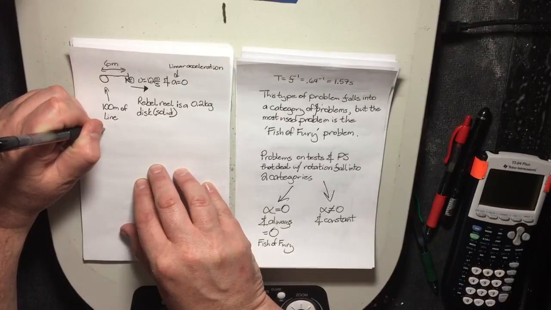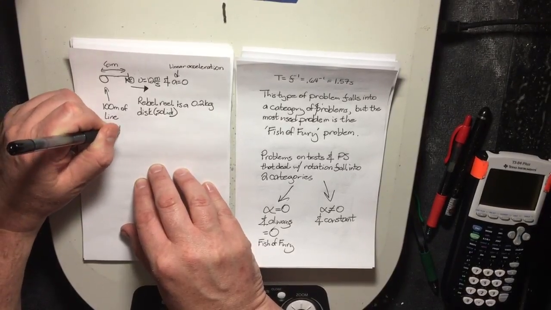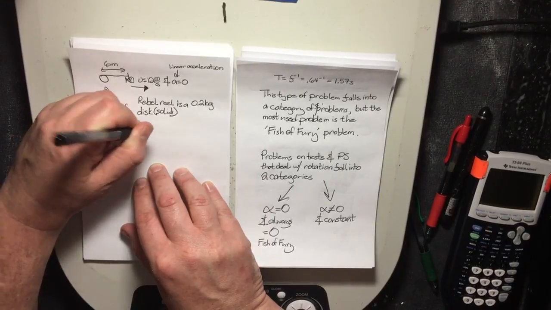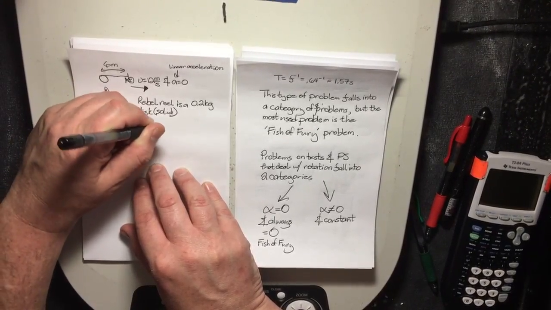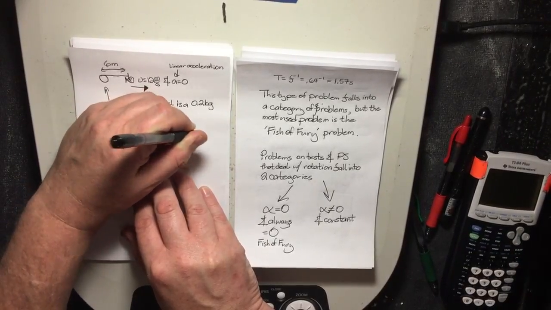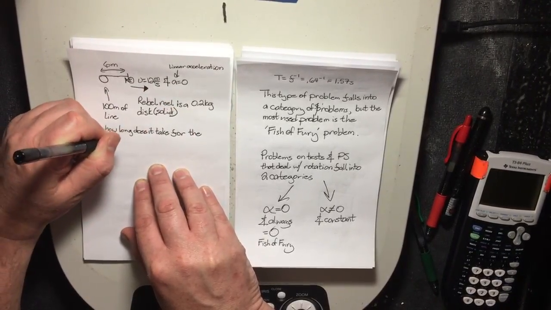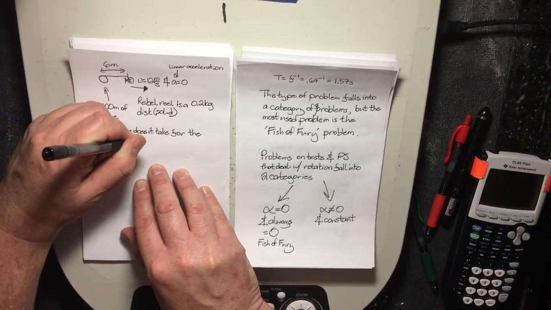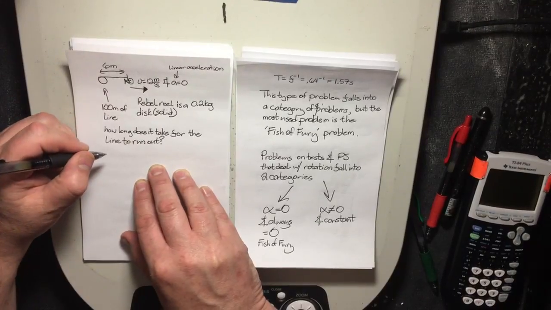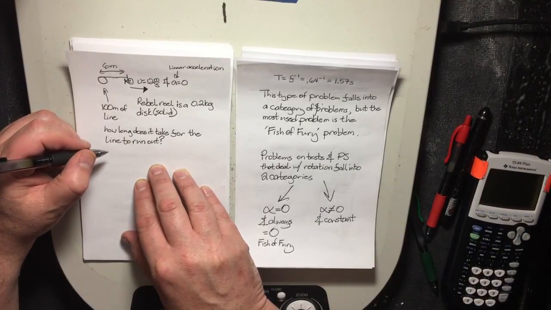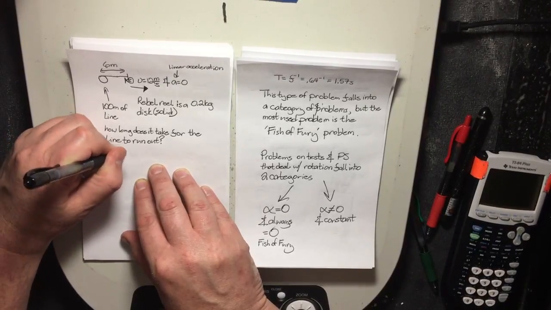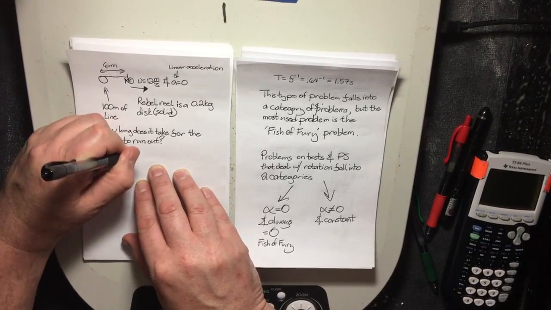Question: how long does it take for the line to run out? During this motion, I want a_R, I want alpha, I want omega.